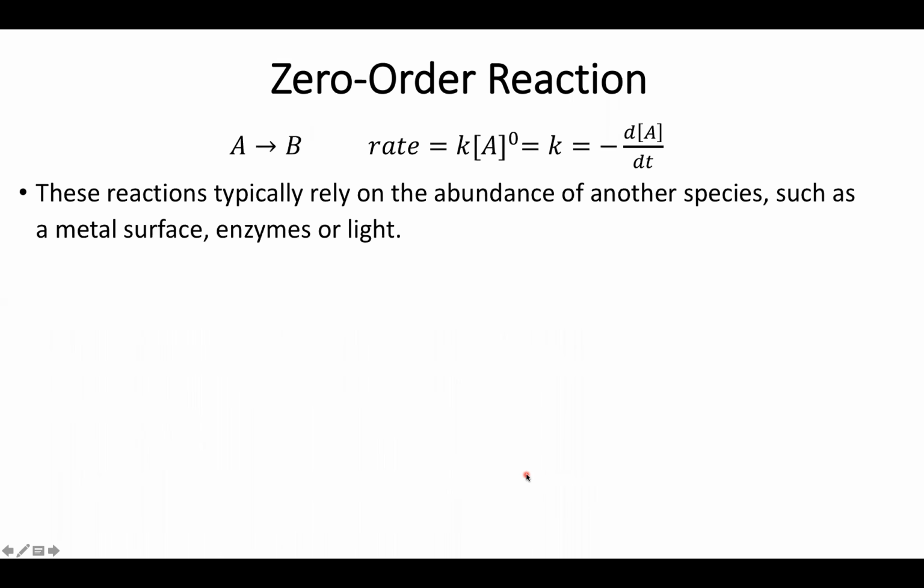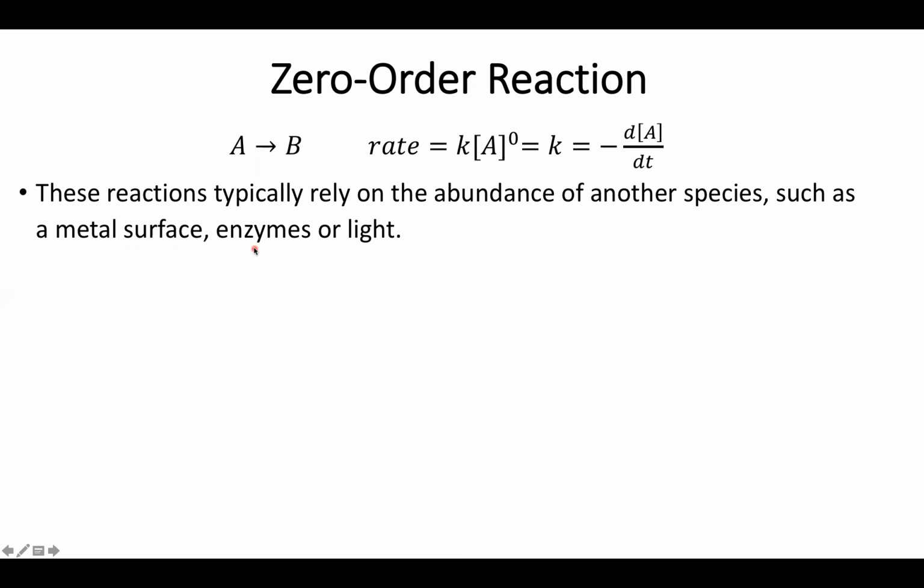So one of the questions, and we'll dive into this a little bit later, is why would you have a reaction that's zero order? And usually the reason why is that the reaction rate doesn't actually depend so much upon the reactants as some other substance in the reaction. So this could be something like a metal surface, which can help accelerate the reaction, give a place for the reaction to occur.